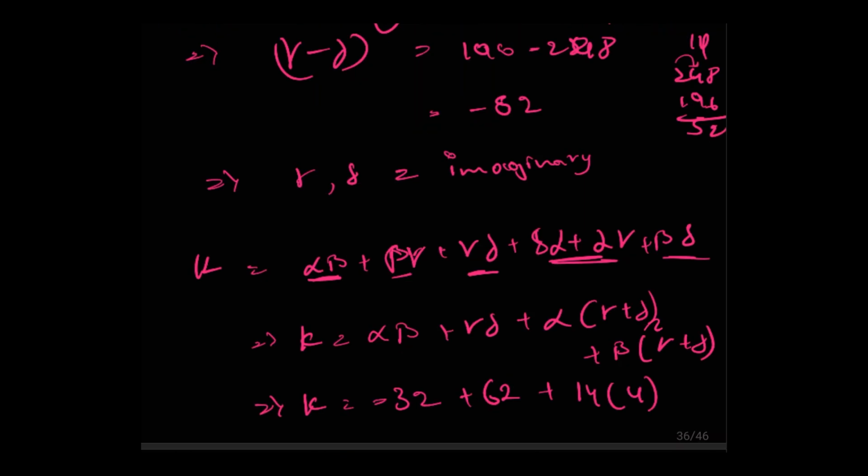Now, we will go into the next question. If P of x denotes a polynomial of degree n such that P of k equals k by k plus 1 for k equals 0, 1, 2 and so on up to n, determine P of n plus 1. Now, for this kind of question, there is a method.